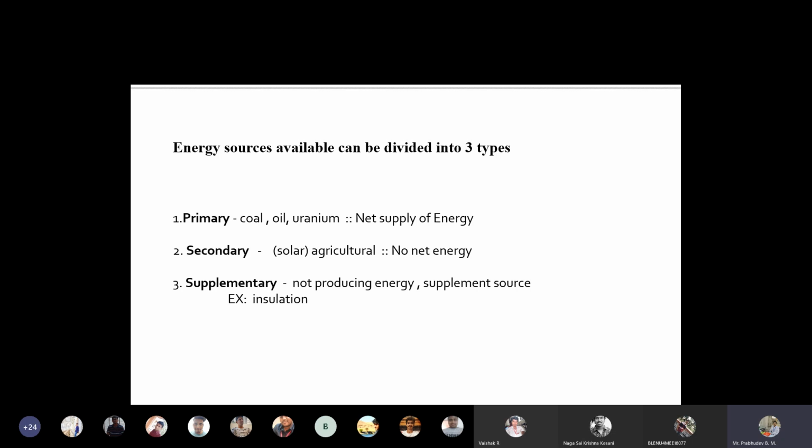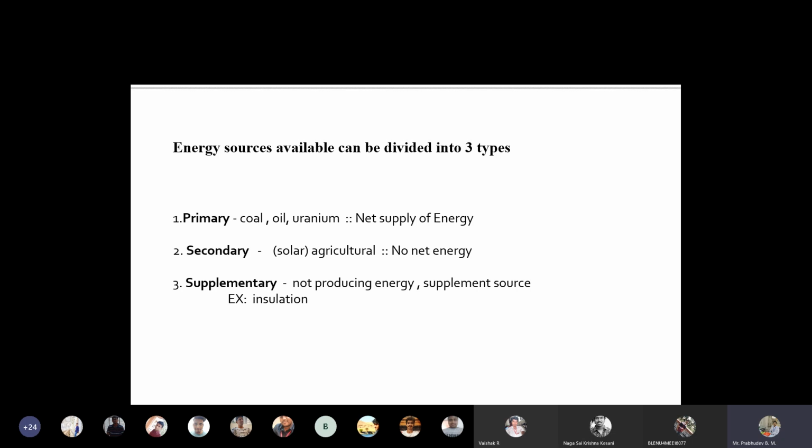In the case of primary sources, it takes very little energy to get them formed. Coal, uranium, oil, these take a small amount of energy, but the energy they release is very huge. That means it can help us get more work done when you take those fuels and burn them.